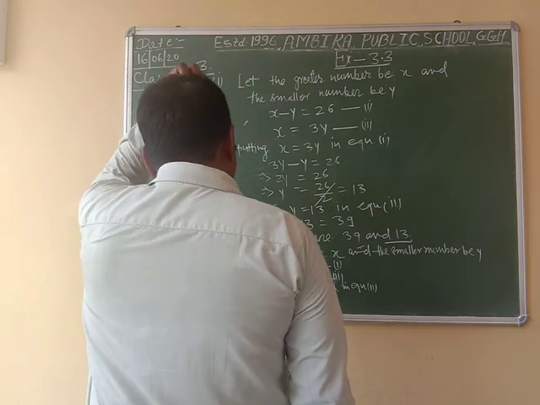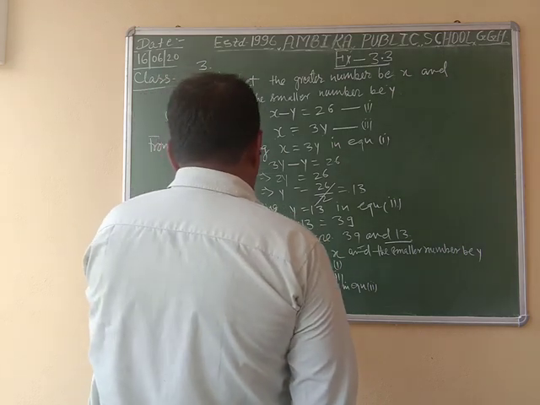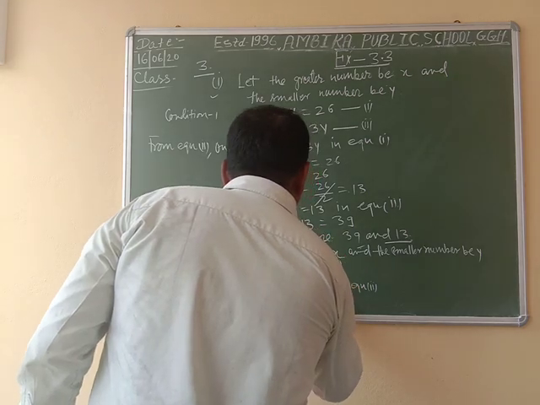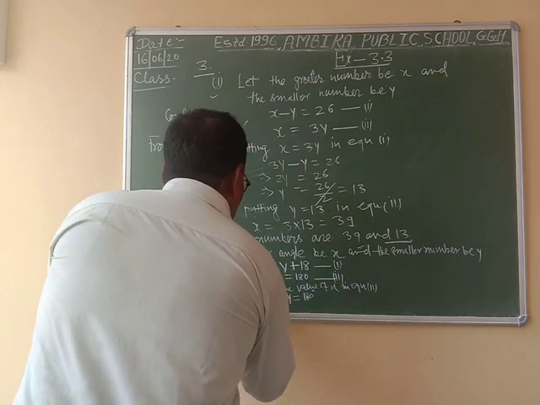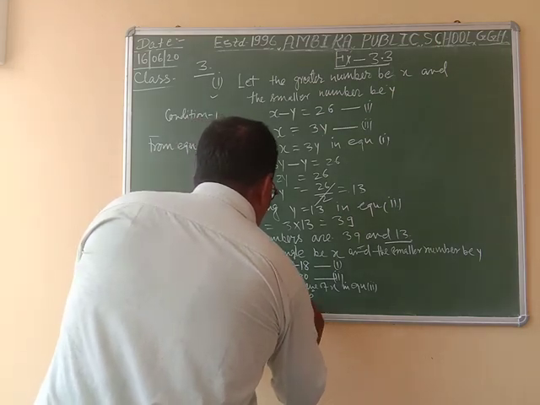So putting this value in equation number 2, we get y plus 18 plus y is equal to 180, or 2y plus 18 is equal to 180.